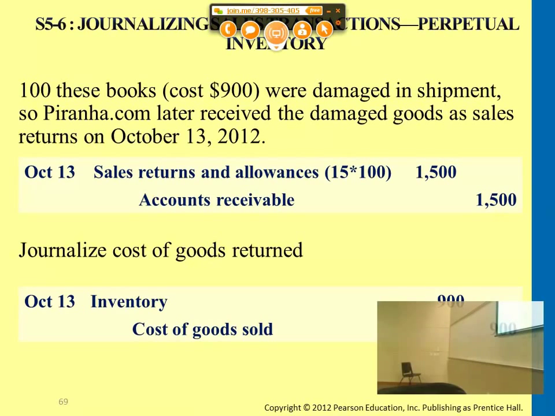Okay, so in the case that the goods are not actually shipped back, the seller asks the customer to just hold on to the damaged goods if they think that they can't really resell it to other customers. In this case, it will just grant them a reduced accounts receivable, and you won't see this journal entry. You will not have an increased inventory level.